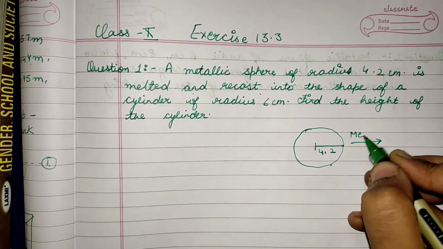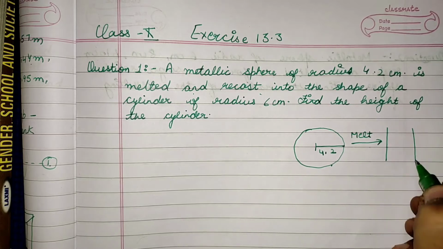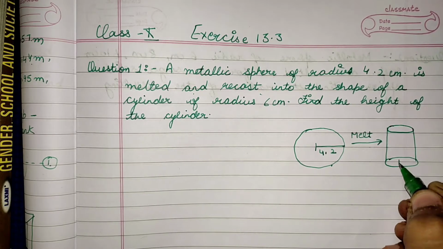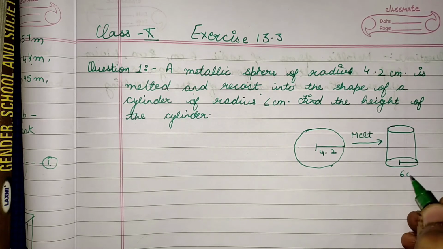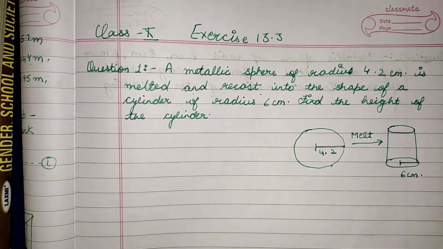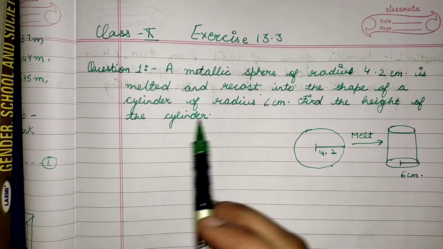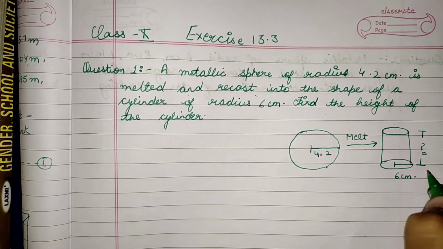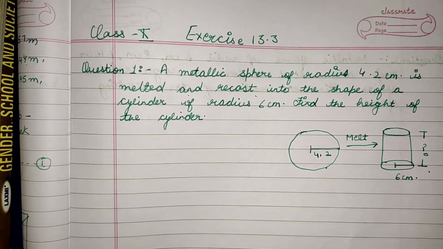After the melting process, it is converted into a cylinder whose radius is given to us as 6 centimeter. We have to find the height of the cylinder. So what will be the height of the cylinder?